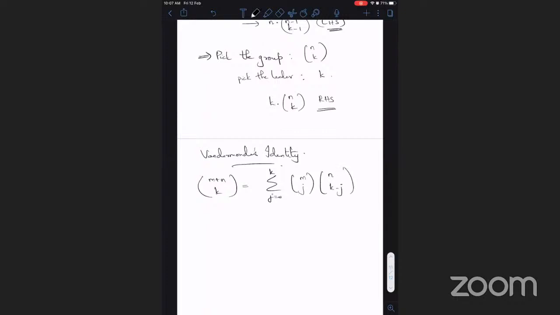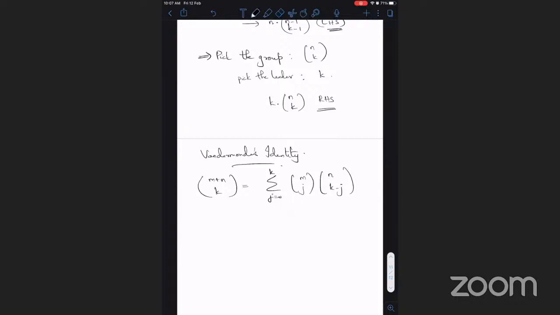Okay, so this is the identity that you have to solve. And the naive way would be to just expand the left hand side and then convert it to a summation and then prove it. But that's very hard. That's not an easy task.